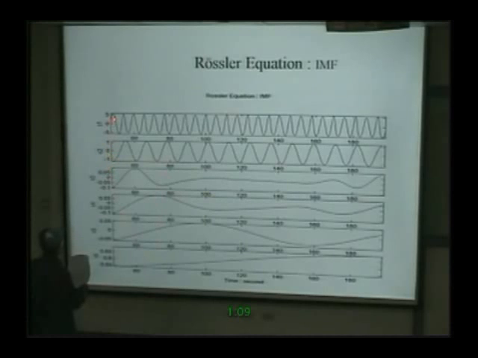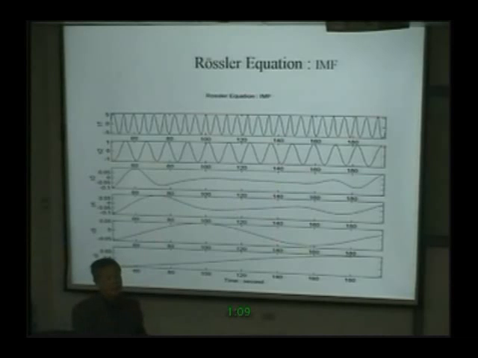This is 1, this is 5, this is 0.05. The reason is that when you get to period doubling, it's already not strictly regular. It already starts to get into chaos.